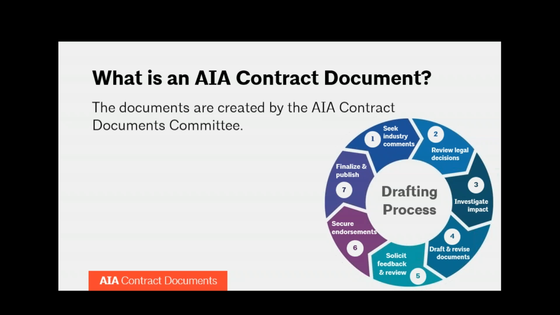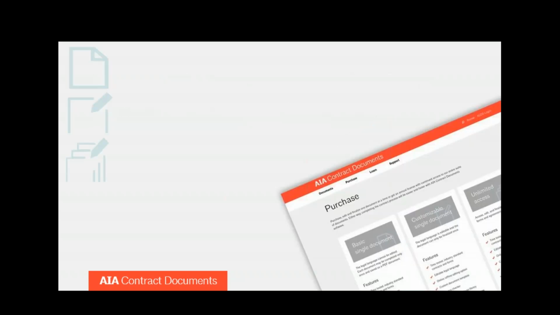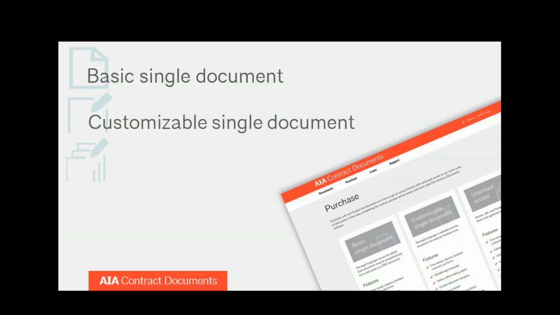When you go to purchase one of these documents, you're going to have one of three options. You can purchase a basic single document that gives you access to one template. You enter your project details, and you don't have any editing capability, so you can't make any additions or deletions for the legal language that's in the contracts.